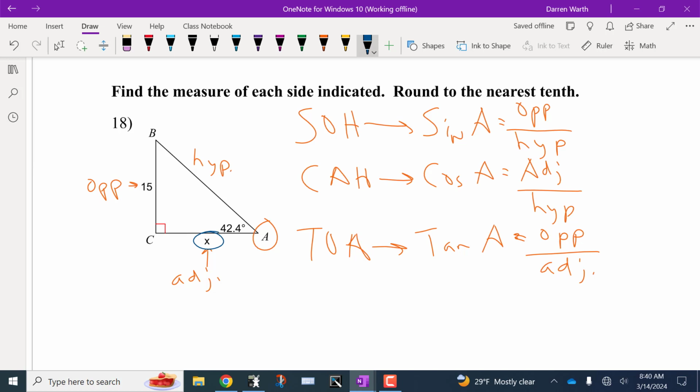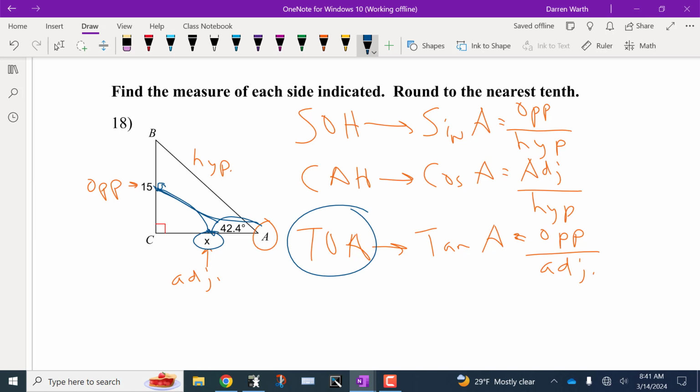So to do this, I'm going to use one of these acronyms, but I've got to figure out which one to use. Working from this angle right here, we'll go opposite all over adjacent, because that matches up with the tangent, opposite over adjacent.